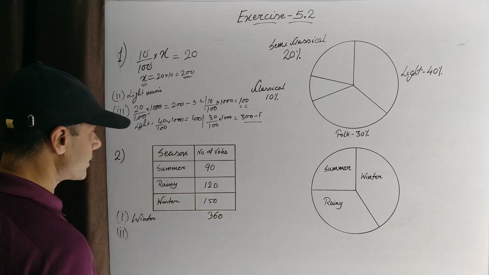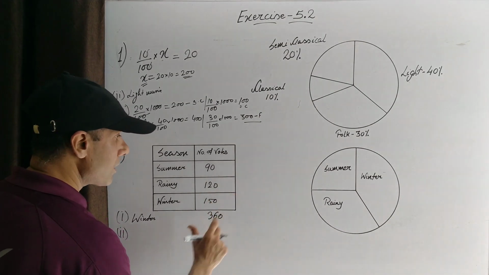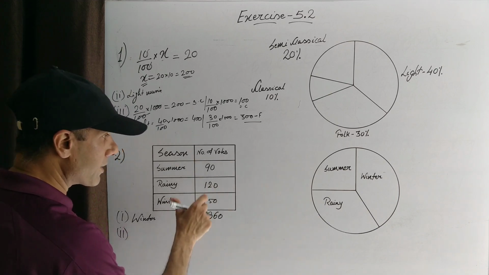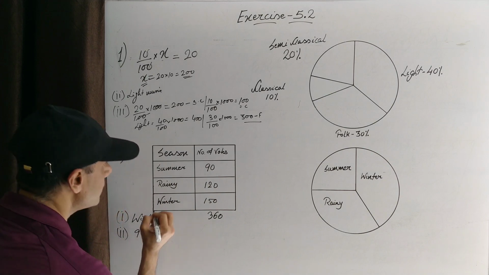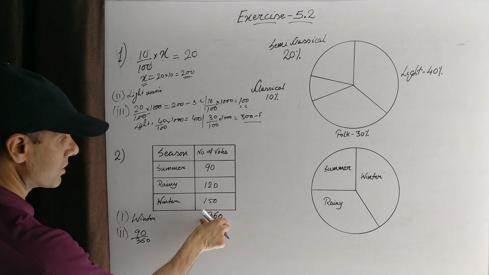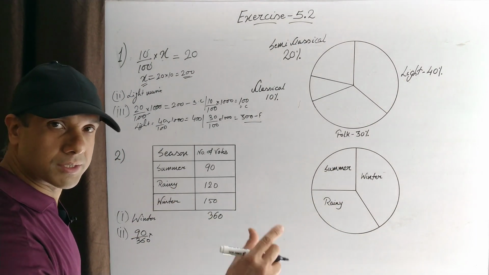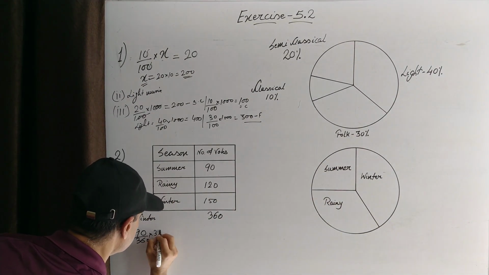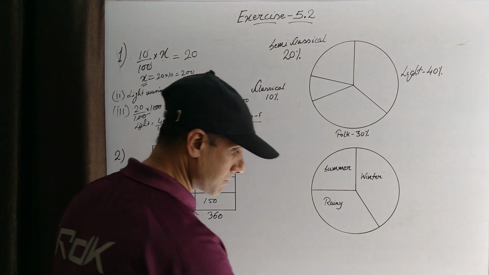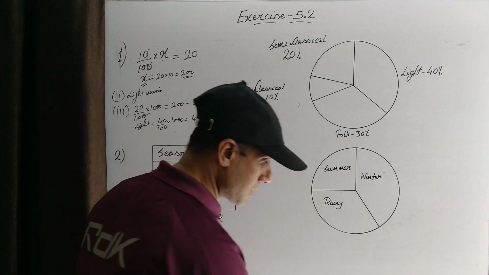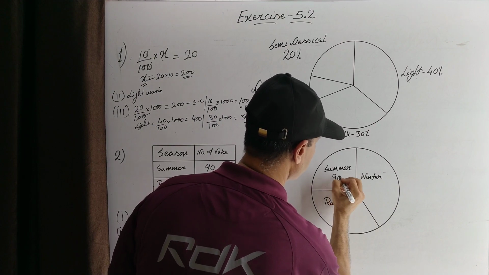So for summer we have 90 divided by 360, the total number of votes, into the central angle of the circle graph, that is 360. That is 90. So here we get 90 degrees for summer.